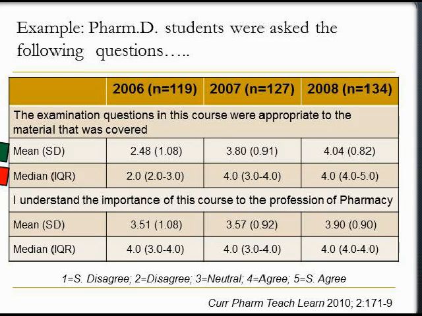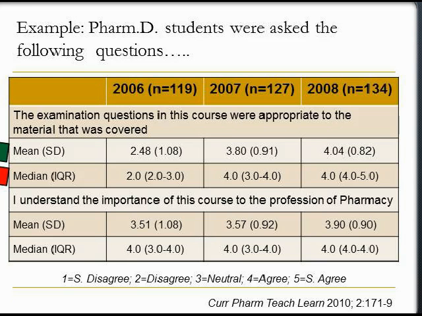You can see there's 3 years of data, 2006, 2007, 2008. One question is, the examination questions in this course were appropriate to the material that was covered. We asked them, using a Likert scale, whether they strongly disagreed or strongly agreed. You can see that in the first year of the course, this is the mean and standard deviation, and this is the median and the interquartile range.